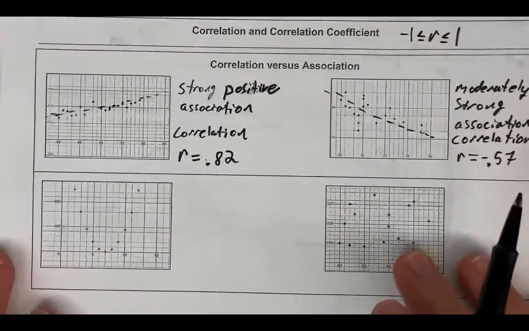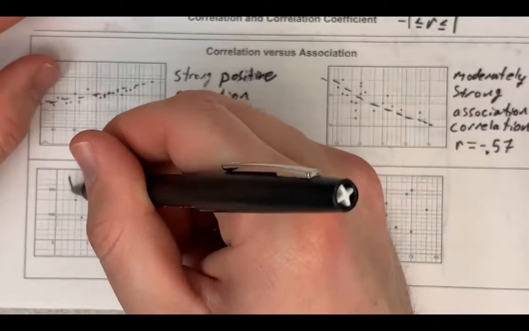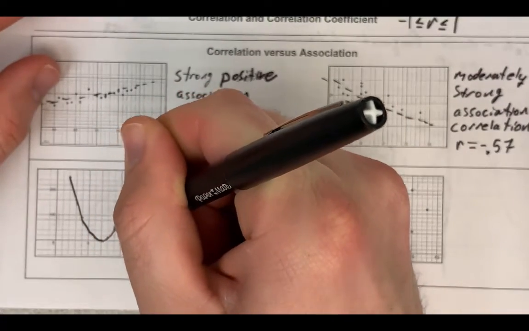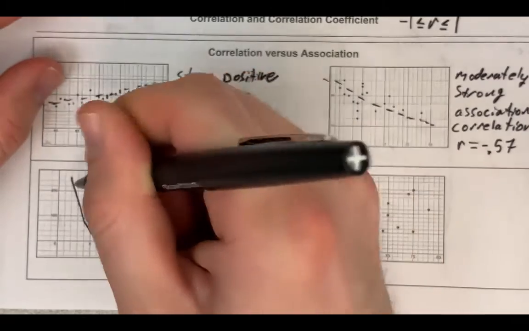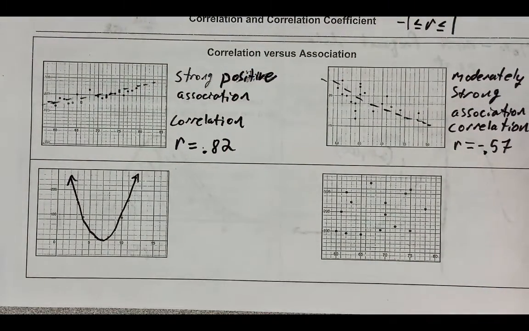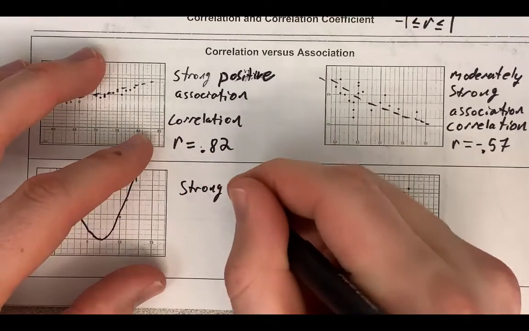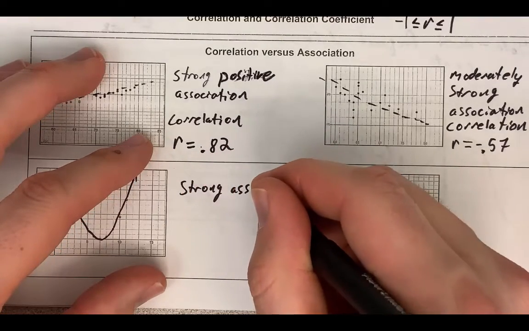Let's look at this data down here, the third graph. You can imagine drawing a perfect parabola through this. In fact, I picked the data points such that they were on a perfect parabola. So if this was real data, it would certainly be related, and there's a very strong association. In fact, we should even just write that: there's a strong association, but there's not a correlation.